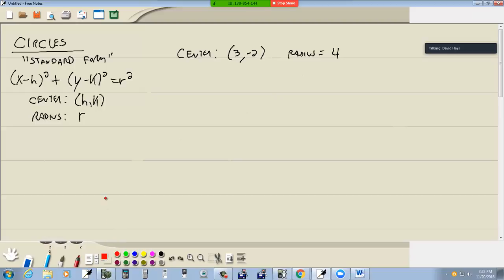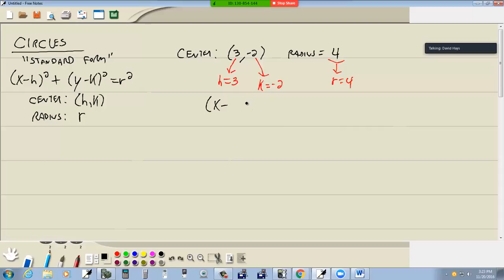Now if you have these, you can identify your h, k and r. So our center is going to be h, so h is 3, and then k, so k is -2. And our radius is our r, so r is equal to 4. Now after you've identified those, you just plug them into your standard form.